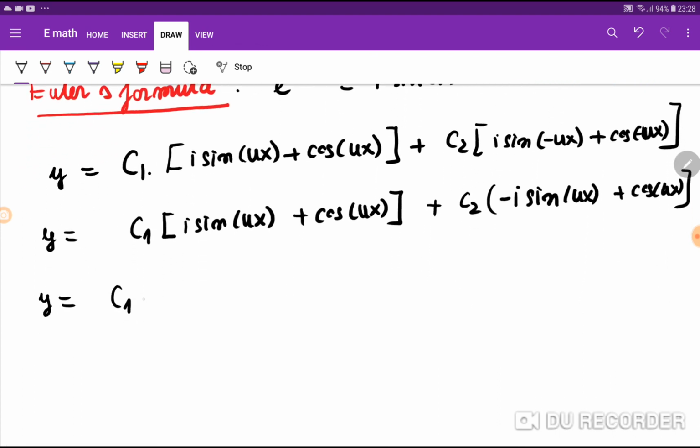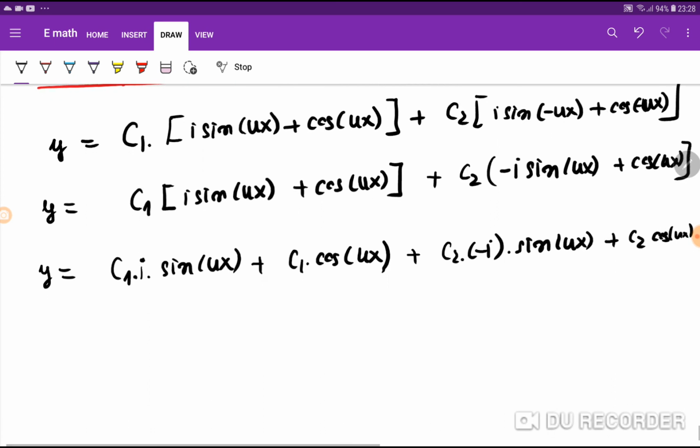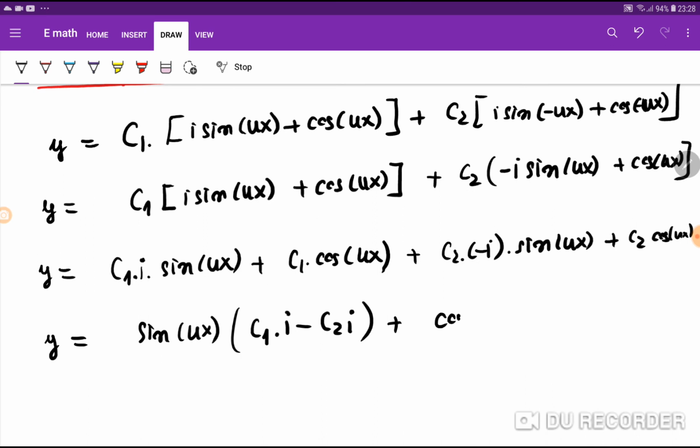So it would be c1 times i times sine ux plus c1 times cos ux plus c2 times negative i times sine ux plus c2 cos ux. Okay, what does it equal to? y equals, I'm going to group sine ux together: sine ux times (c1 times i minus c2 times i) plus cos ux times (c1 plus c2).